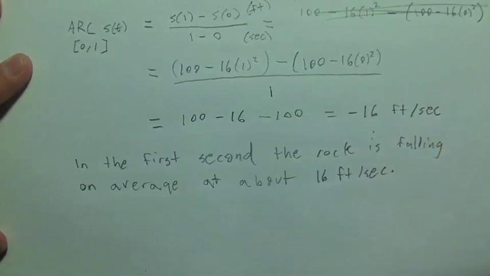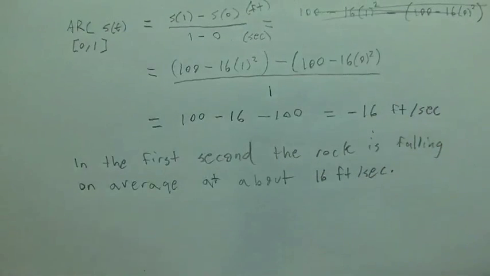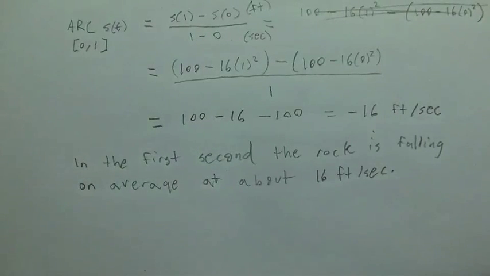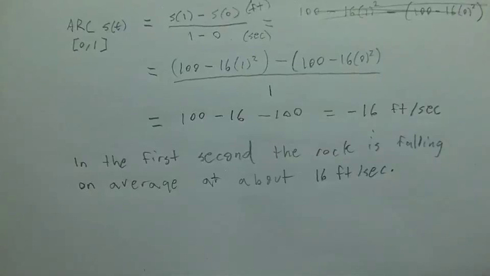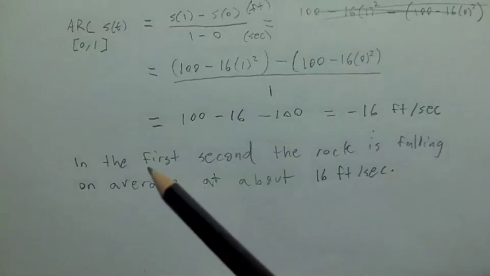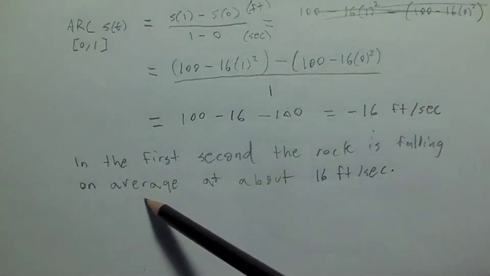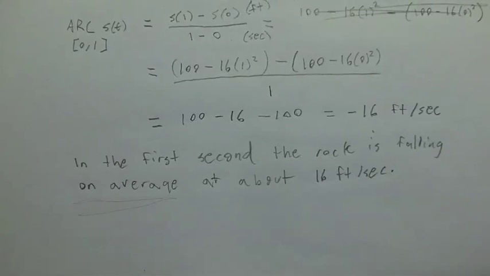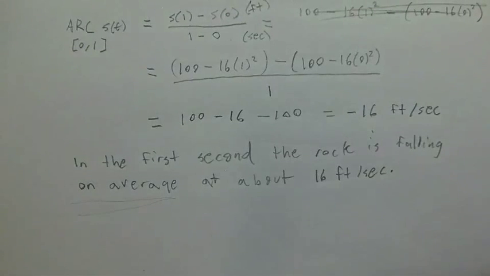There are a lot of ways you could word this. You could say the rock falls at 16 feet per second on average in the first second. But basically what you're looking for is that it's on average. The rock isn't always falling at that rate. Just in between t equals 0 and t equals 1.